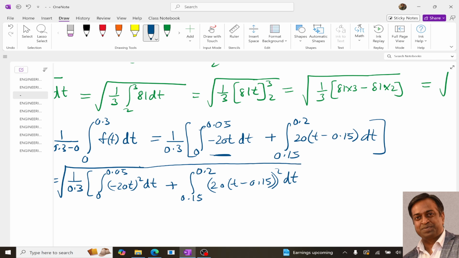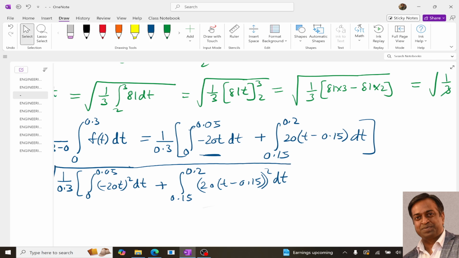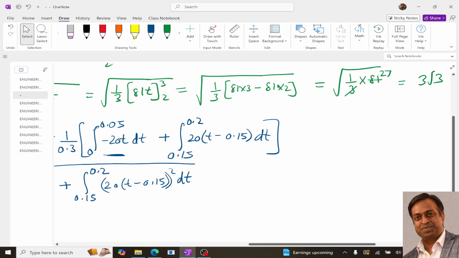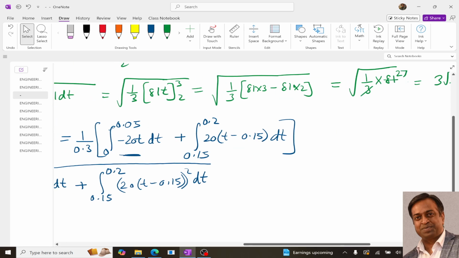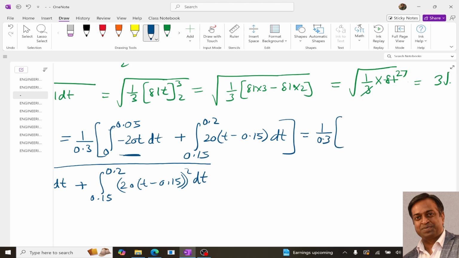Now I need to solve this. So over here, first solving the average, this one. So it is 1 upon 0.3 integration. Now the integration of this, it will be integration of t. It is t square by 2. So we will get minus 10 t square.